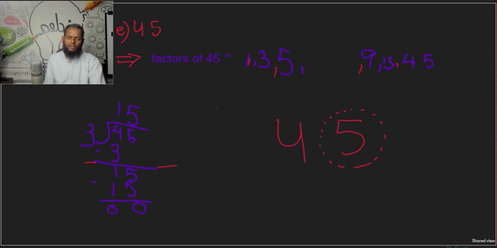Okay, so 7 is not a factor. Is 8 a factor or not a factor? Think, read the table of 8. You should tell me. Not a factor. These are not the factors, okay? Are you understanding? Yes. Okay, good, very nice.